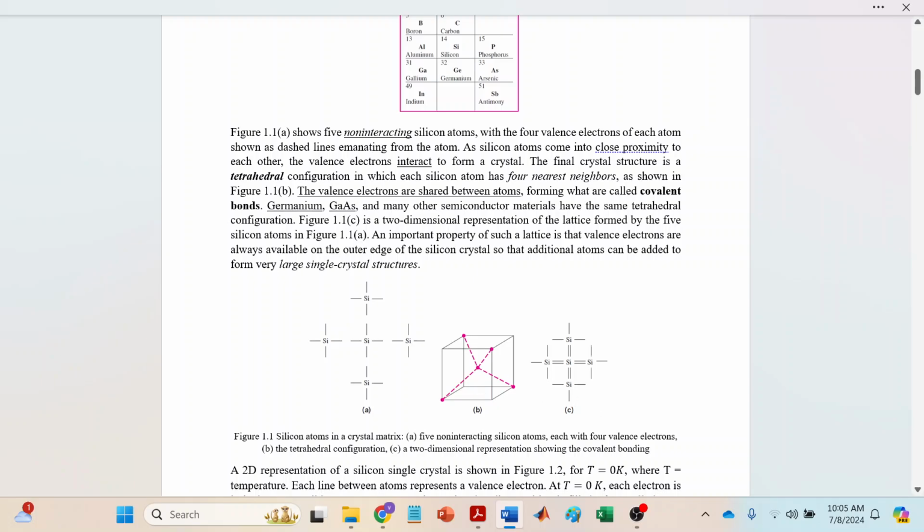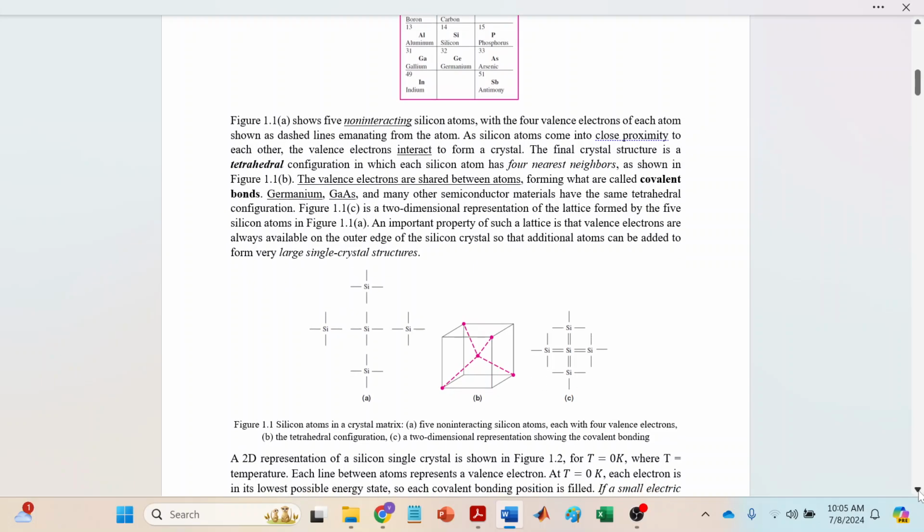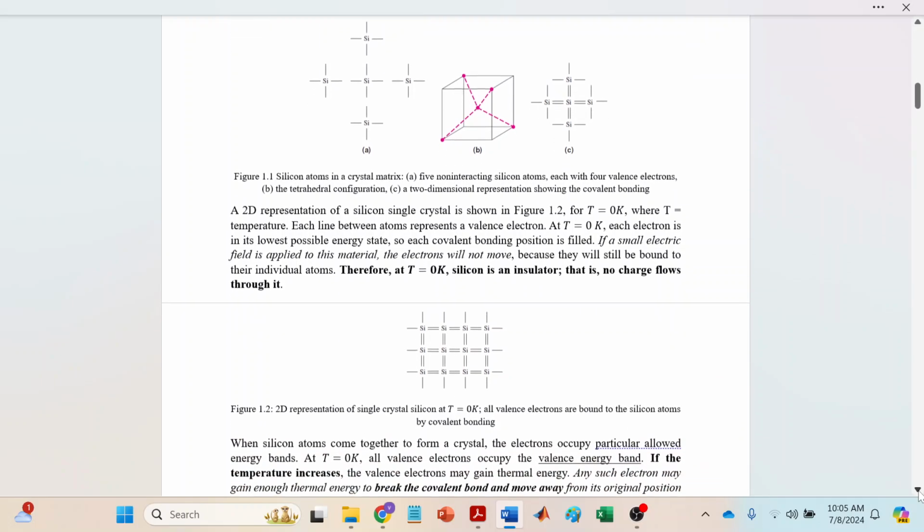So this is the tetrahedral configuration that we can find here. The 2D representation of the silicon crystal is found here. When the temperature is at 0 degrees Kelvin, each line between the atoms represents a valence electron. At 0 Kelvin, the electron is in its lowest possible energy state.